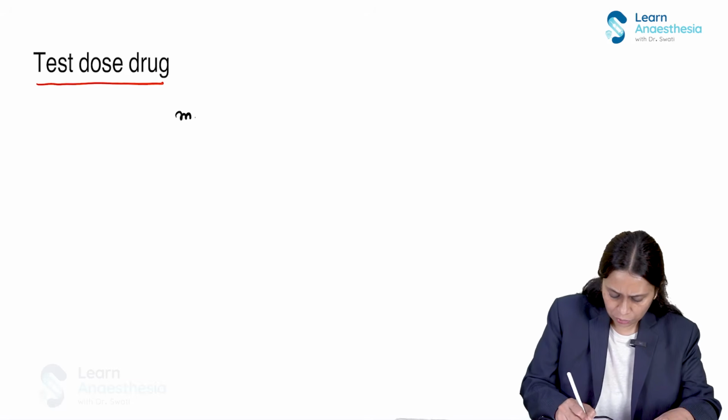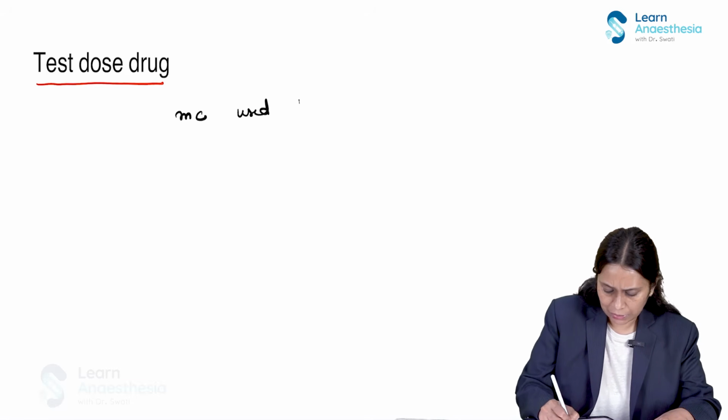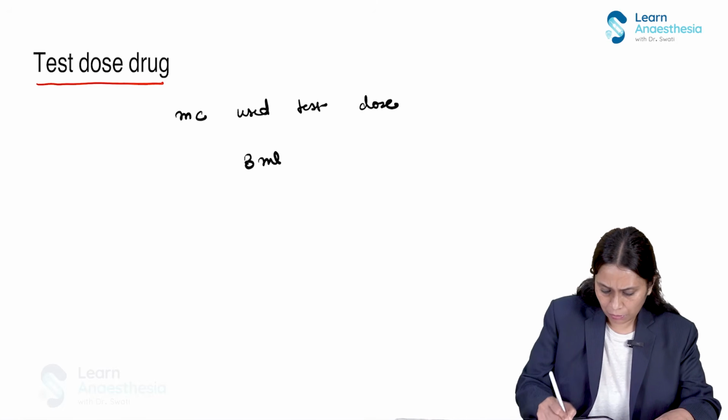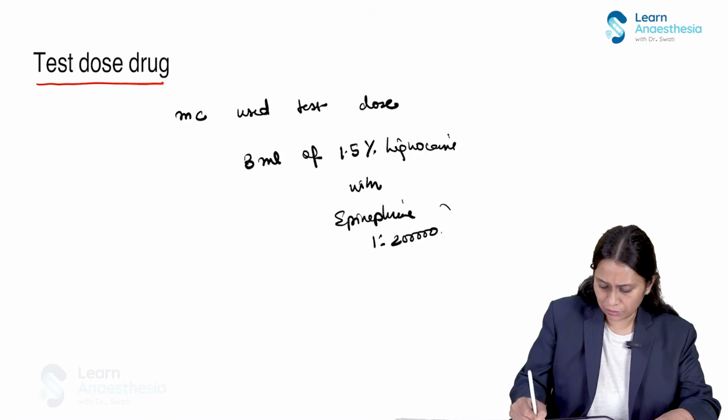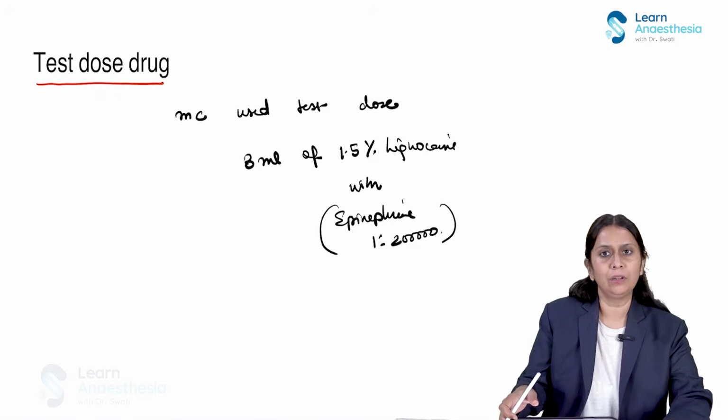So the most commonly used test dose is 3 ml of 1.5% lignocaine with epinephrine in 1 in 2 lakh concentration. This is the most common one we are using.